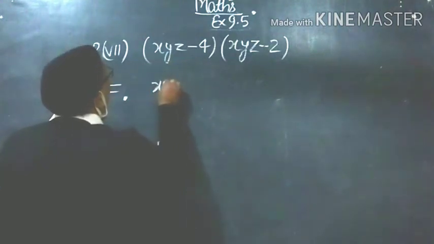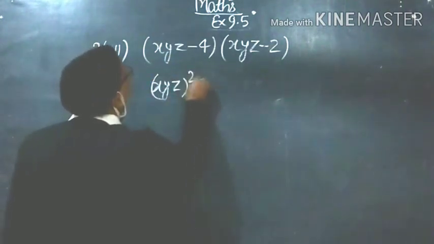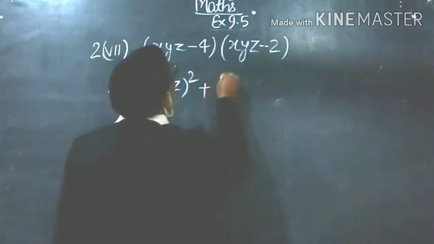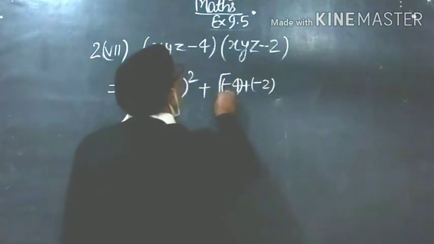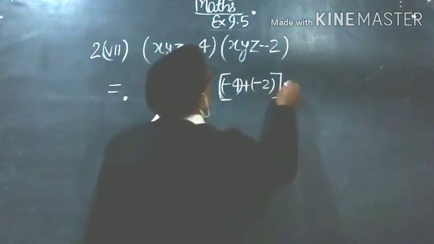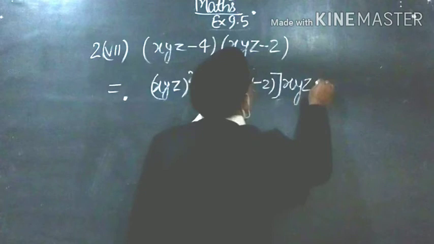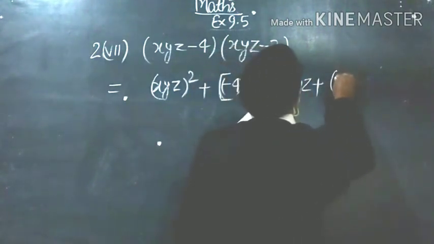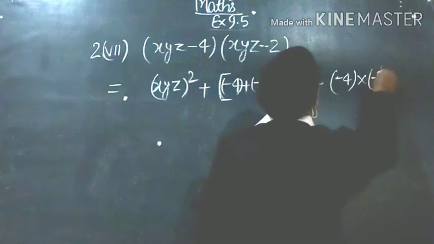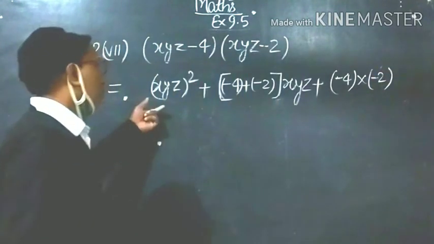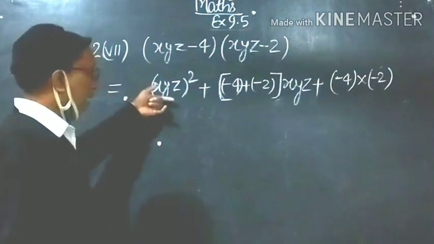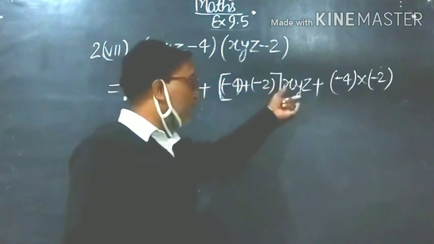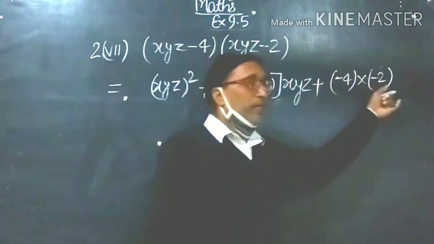Then we are able to write (xyz) whole square plus in the bracket minus 4 plus minus 2, into xyz, plus minus 4 into minus 2. Means your identity is (x plus a) into (x plus b) is equal to x square plus (a plus b) into x plus ab.